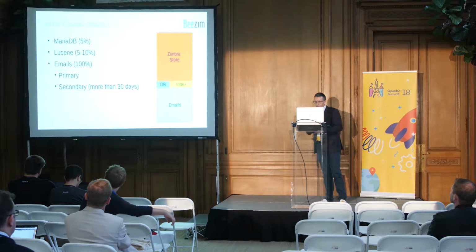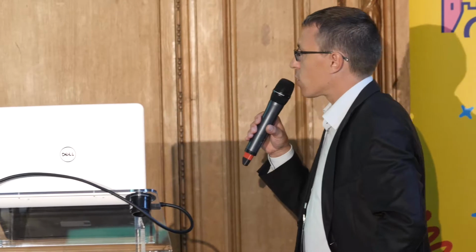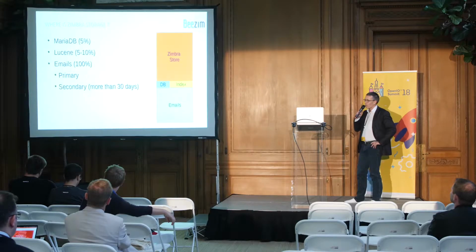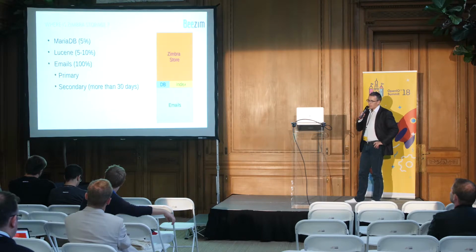Zimbra storage needs MySQL, MariaDB now, for DB storage. It will store all the metadata of Zimbra, for example the email subject, the date the email was received, etc. All the data in Zimbra is indexed in Lucene, and you have to store all the emails.